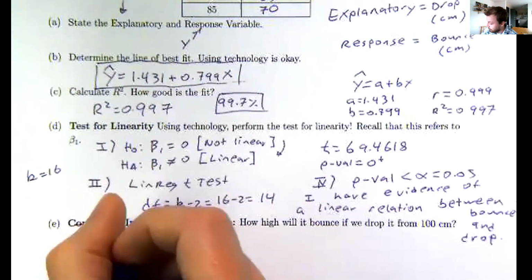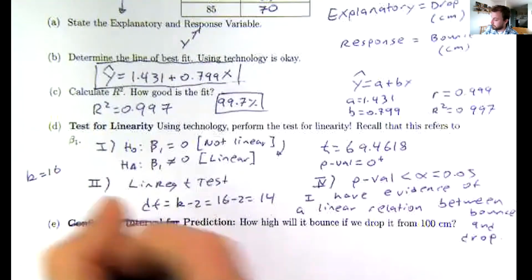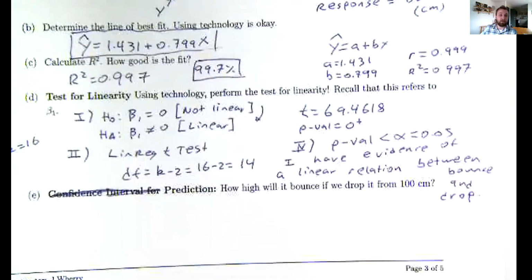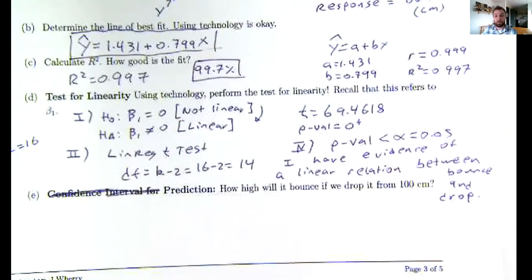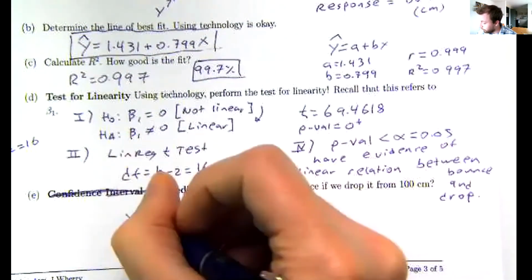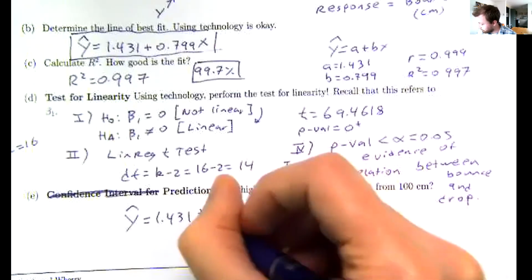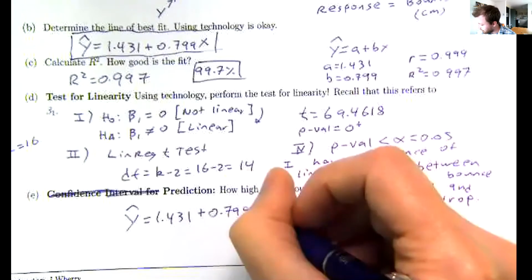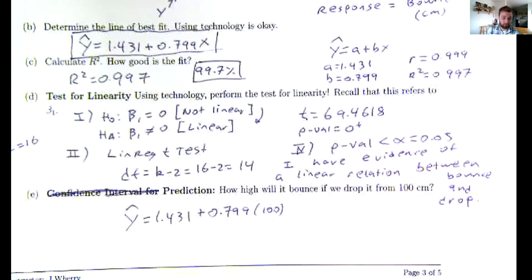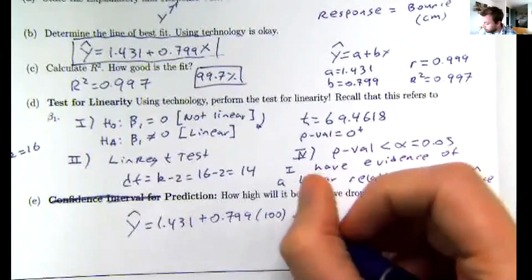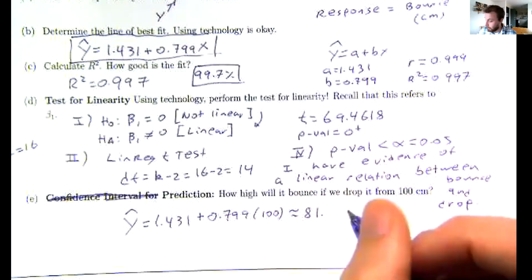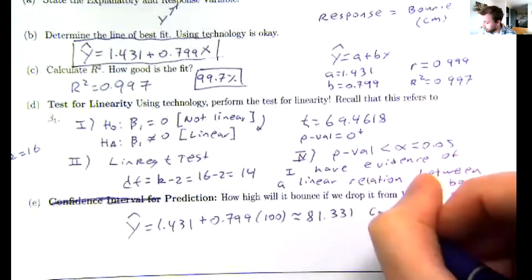I'm just going to make a single prediction instead of a confidence interval of predictions for this last value. How high will this thing bounce if I drop it from 100 centimeters? So I am predicting, if I plug it in at 100 centimeters, that it should bounce approximately 81.331 centimeters.